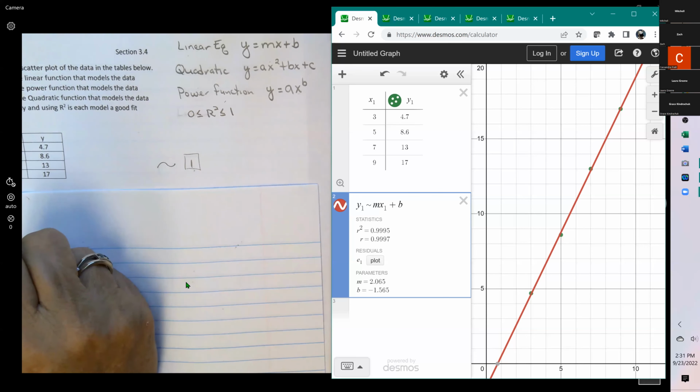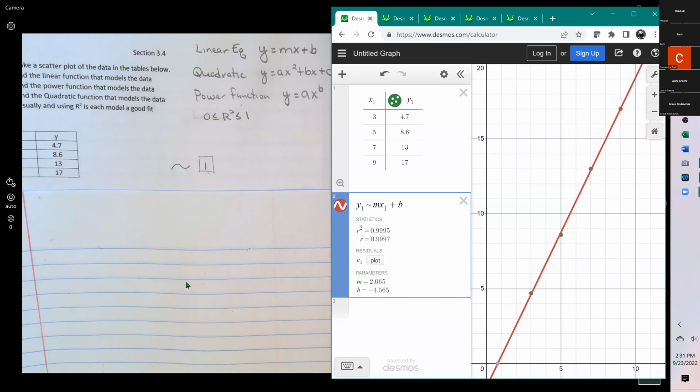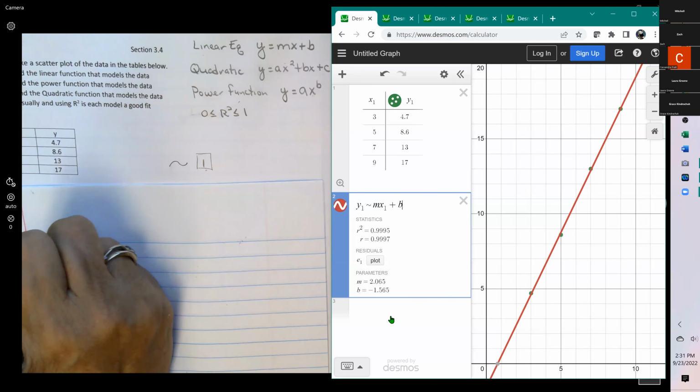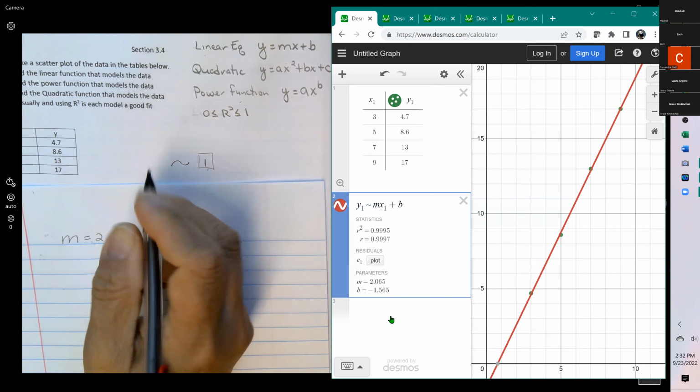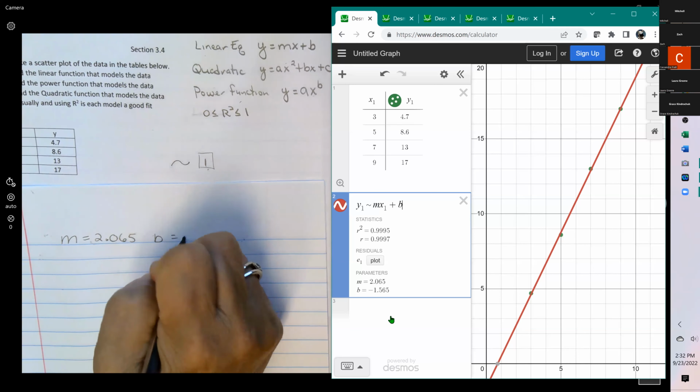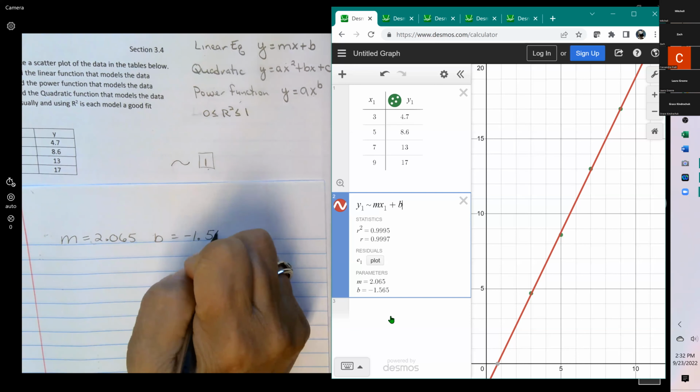So our line, we look here, m equals 2.065 and b is a negative 1.565.